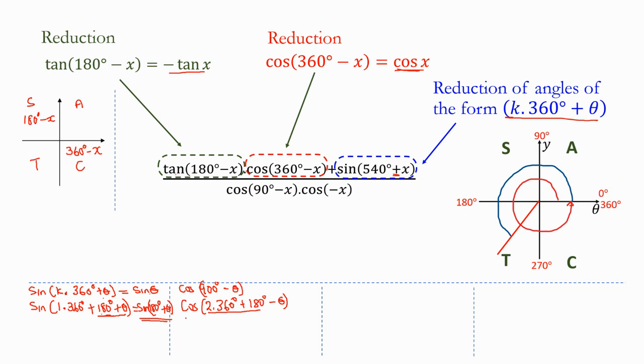We said if it's cos of k 360 degrees plus theta, this is equivalent to cos theta. So now it means here we have this thing similar to k 360 plus theta. What is equivalent to theta now is 180 degrees minus theta here.